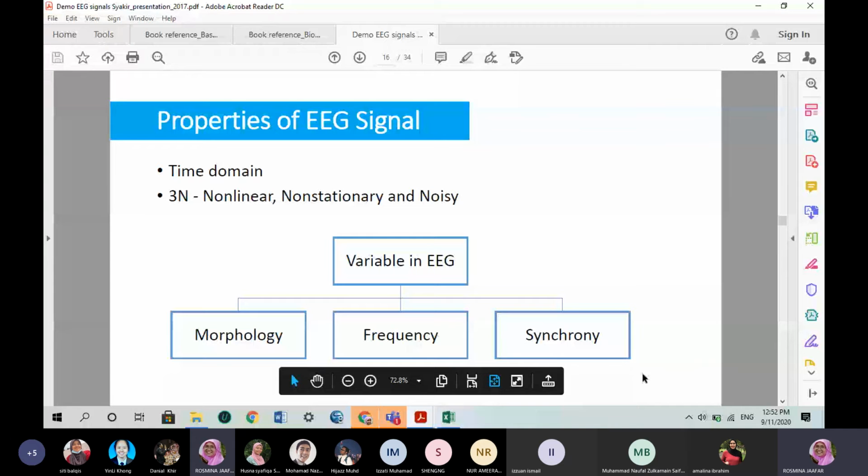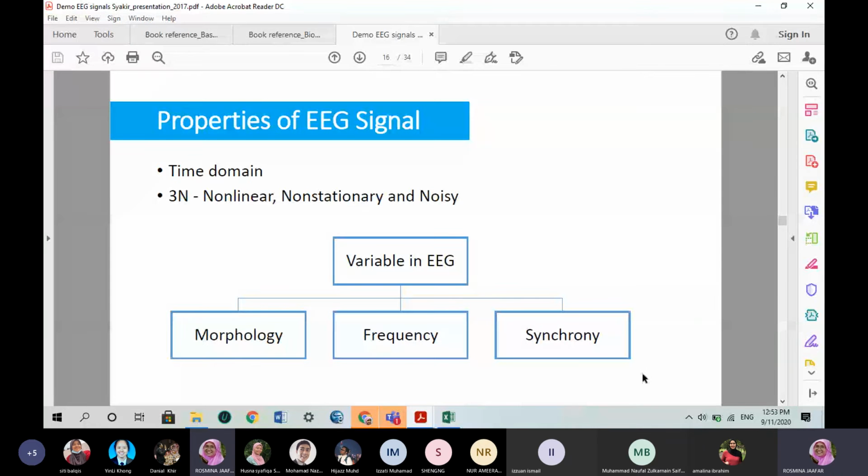Okay, synchrony is important because if a few channels are synchronized with each other, it means the source of the signal comes from the same region. Channels that do not have synchronization do not have that feature. So from there we can identify the origin of the signal.